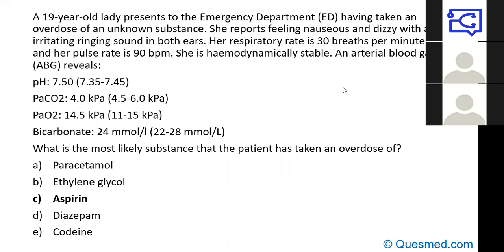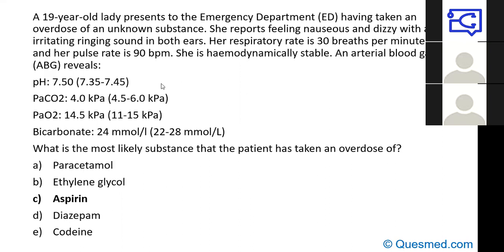That's good. Sorry about that. So we'll just go through this quickly. Let's say why it isn't the other ones. Paracetamol won't really cause these symptoms that we're describing here with the respiratory rate and the irritating ringing and things. And we would expect it to cause metabolic acidosis, particularly in the setting of overdose. Ethylene glycol will cause a metabolic acidosis once again.